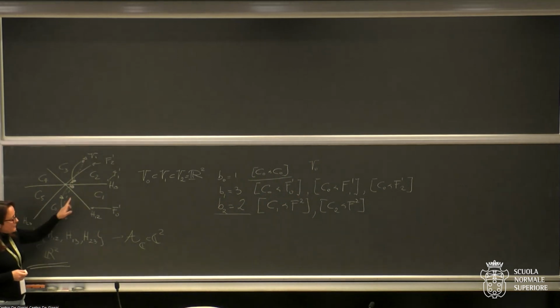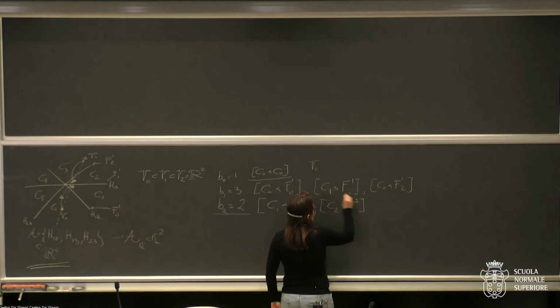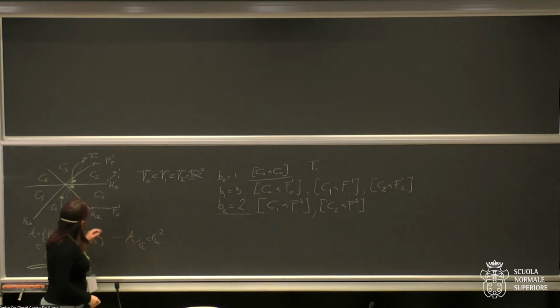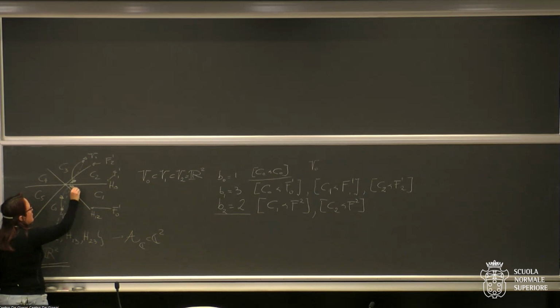Then what happened? Here, sorry, this is C1, this is C2. What is the property of C0? If we move V0 inside V1, we arrive in this chamber. Let's call this V0 after we crossed F10.